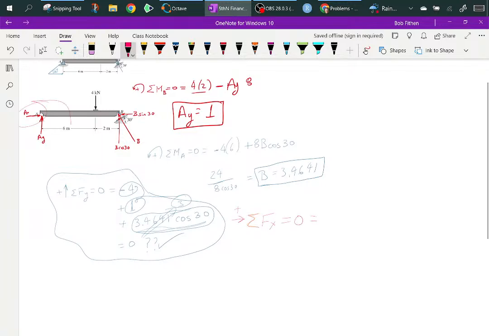I'll take the AX first, AX minus B sine of 30, and then say AX is equal to, and I'll take the B, put it in here, 3.4641 sine of 30.